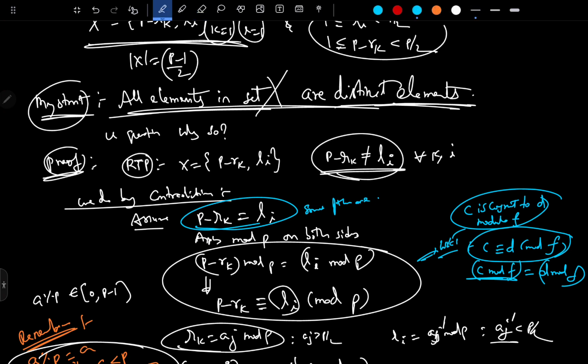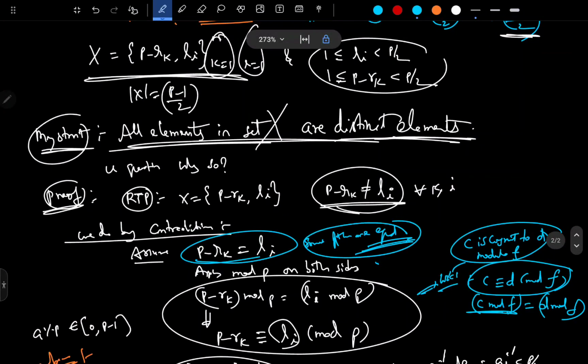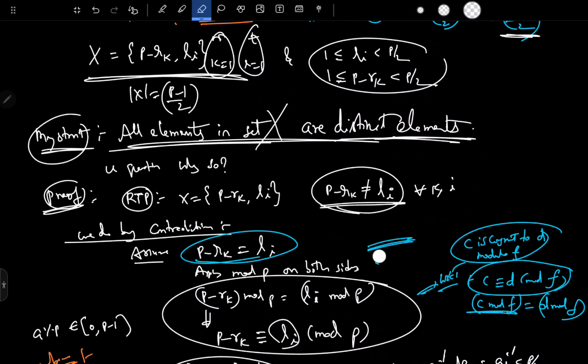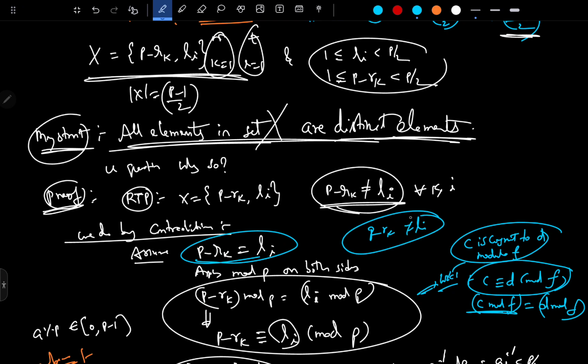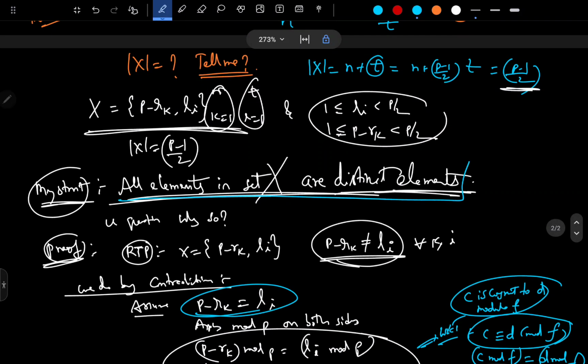So you want to know whether all are equal, but we came across a contradiction, so the contradiction of the statement is that all elements are distinct. Understood? That means P minus RK never equals Li. This is what we have proved. Indirectly we are saying that all elements in the sets are distinct.